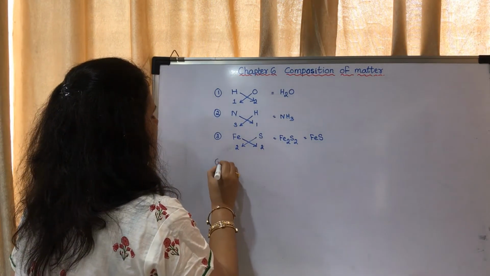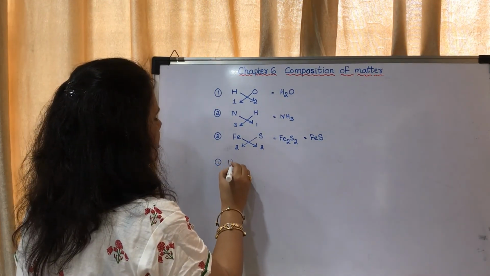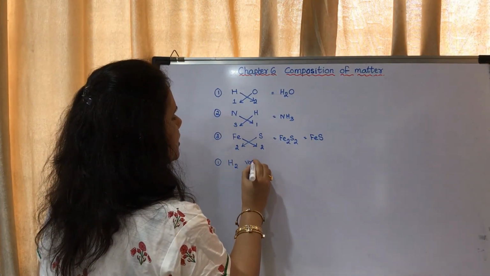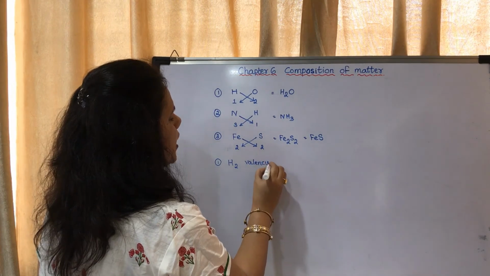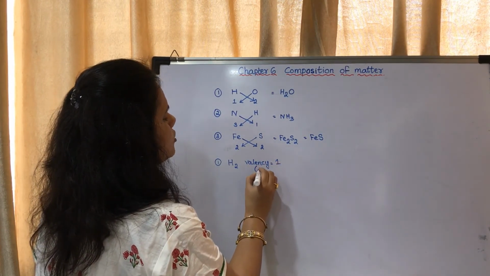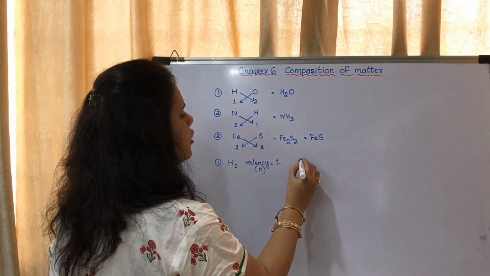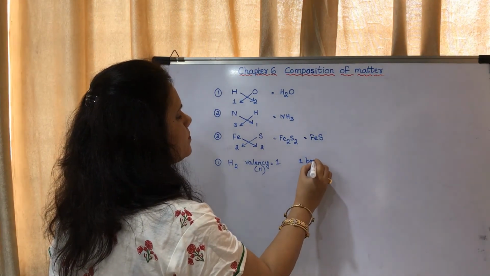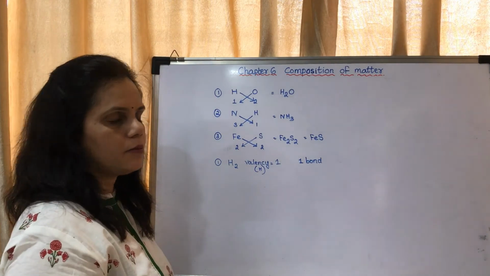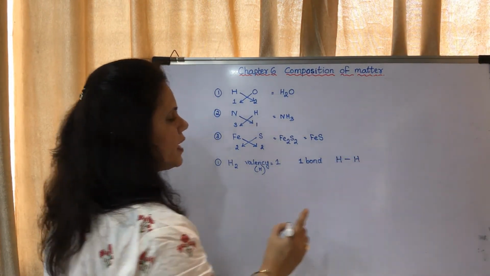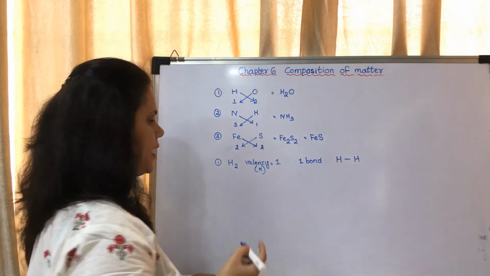So the first one, in case of hydrogen, H2 is the molecular formula. The valency of hydrogen is 1. So how many bonds will it form? It will form only one bond, one bond between H and H.